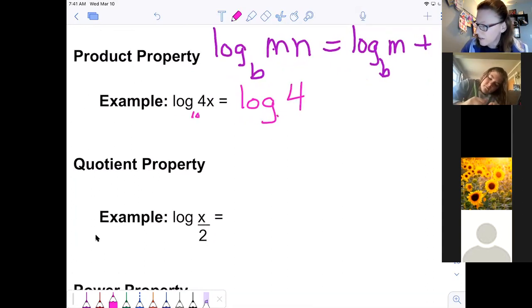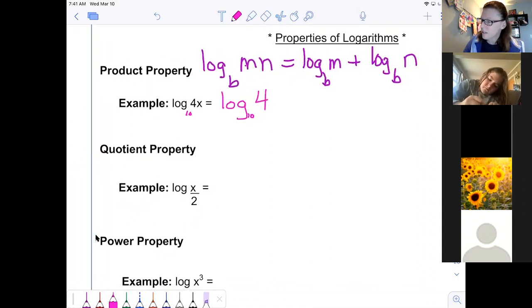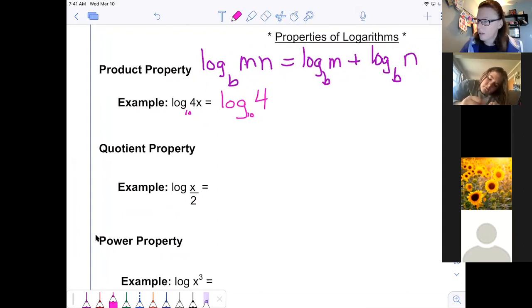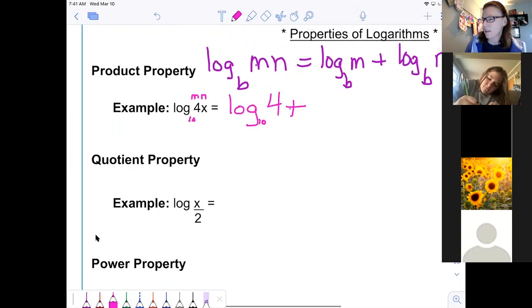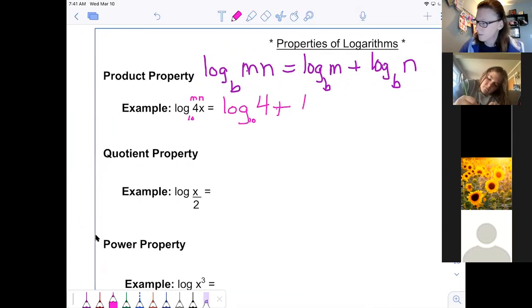So we have the little 10 down here. So the log, and then it's going to become addition. So the 4 is like your m, the x is like your n. Oh, so then it'd be log 4 plus log x. There you go. And if you want to write the 10, you can, but you don't have to.